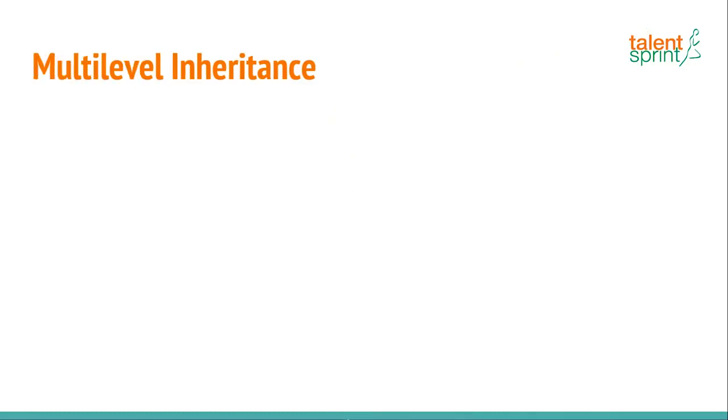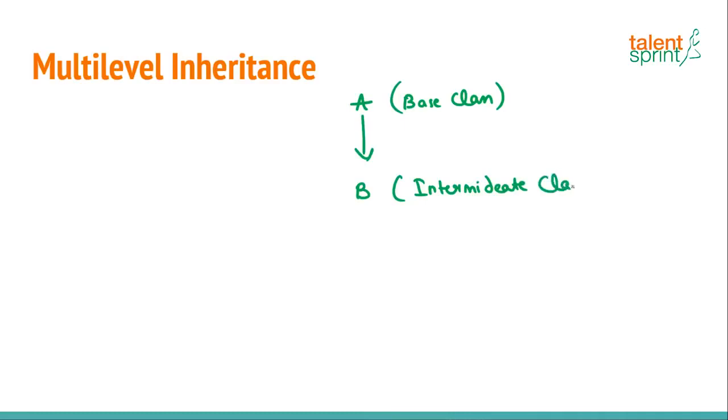Next is multi-level inheritance. So what happens in multi-level inheritance? We have a base class, which is inherited by an intermediate class, which is again inherited by the child class.